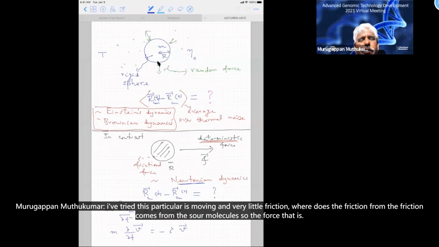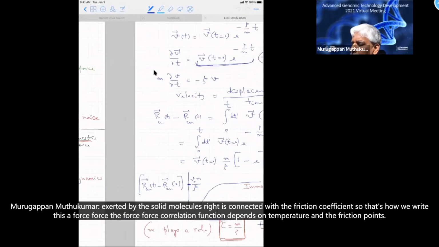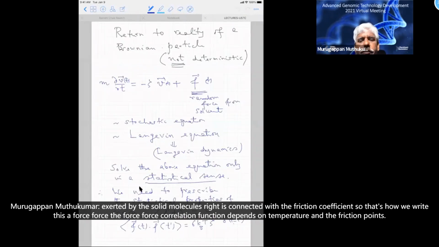Where does the friction come from? The friction comes from the solvent molecules. So the force that is exerted by the solvent molecules is connected with the friction coefficient. That's how this random force correlation function depends on temperature and the friction coefficient.